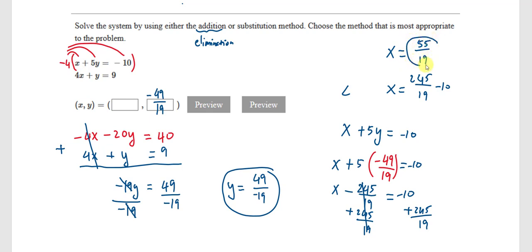If you do the addition of the fraction here, the answer for x should be 55 over 19. Okay, so that's the answer. Okay, let's see the next question.